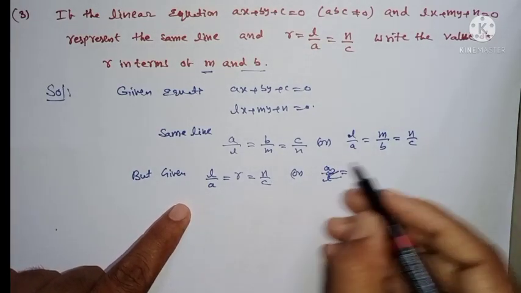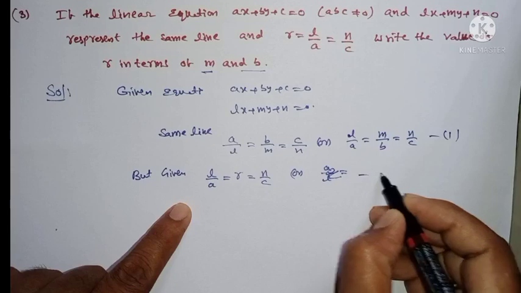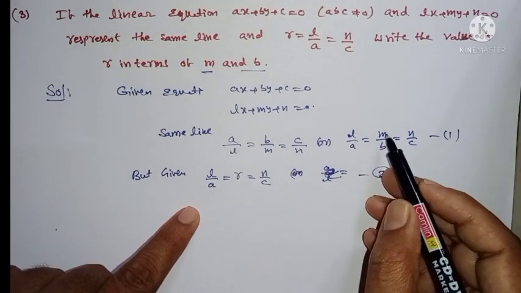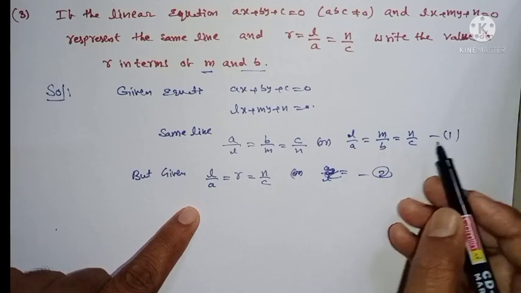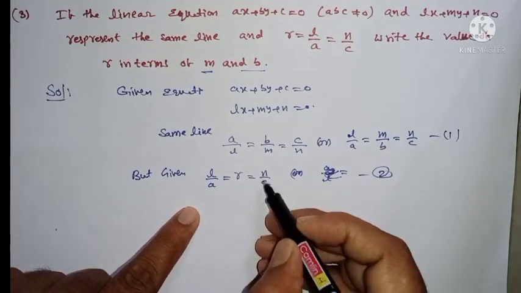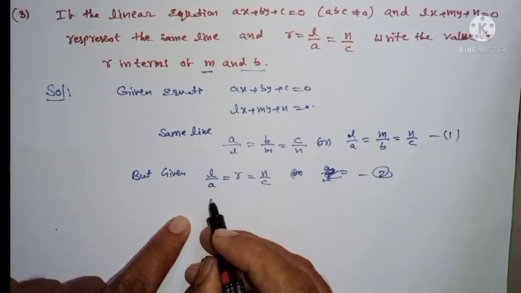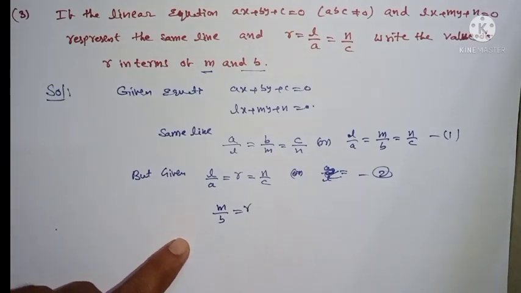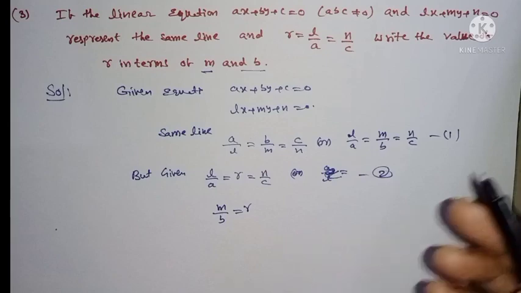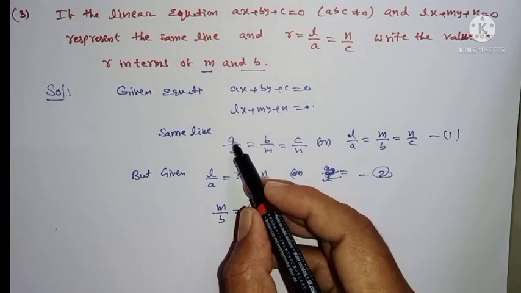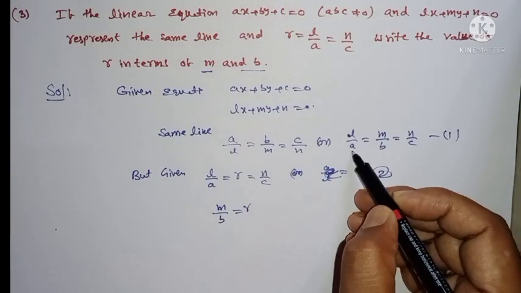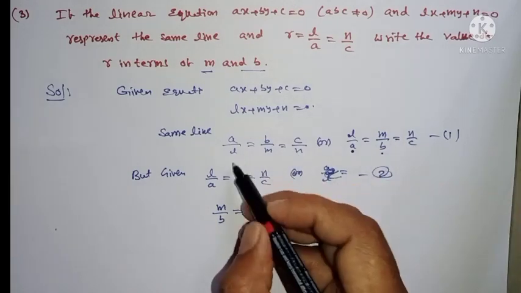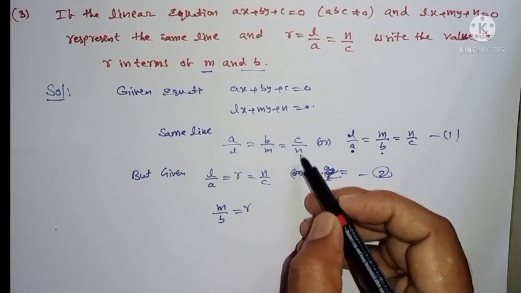Therefore from equations 1 and 2, l by a, m by b and n by c are all the same, equal to r only. So m by b is equal to r only. Once again, there is a by l, or I can write l by a, m by b, n by c, or a by l, b by m, c by n.